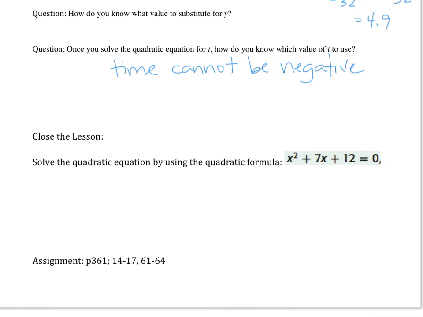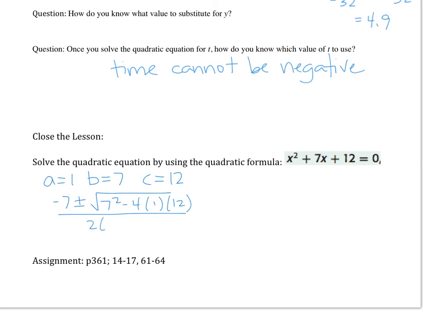Closing the lesson, use the quadratic formula. So let's do that real quick. A equals 1. Opposite of b plus or minus the square root of b squared minus 4ac, all over 2a. So this is negative 7 plus or minus the square root of 1, which is 1.